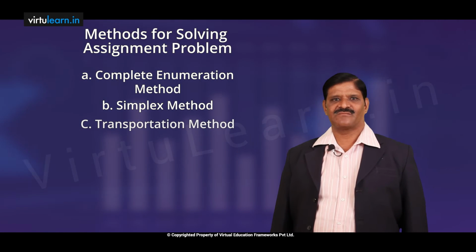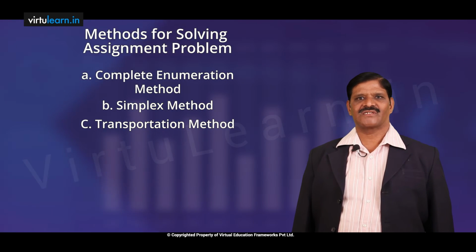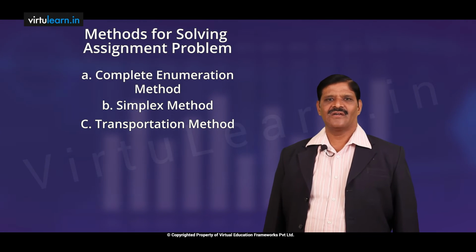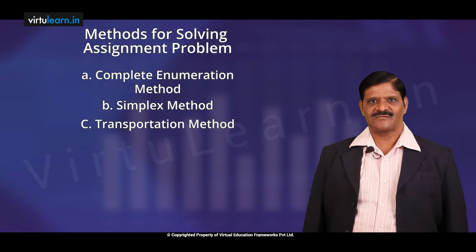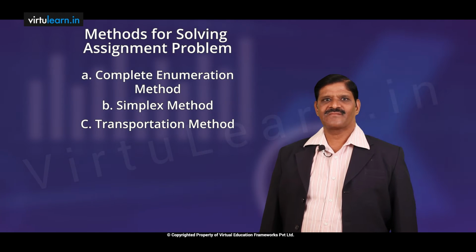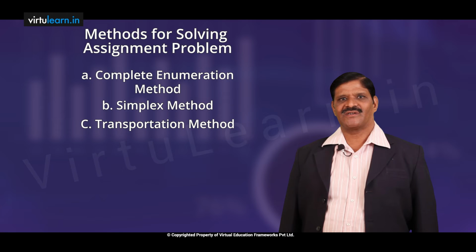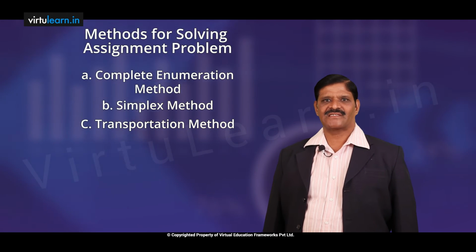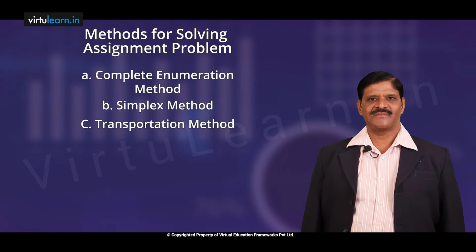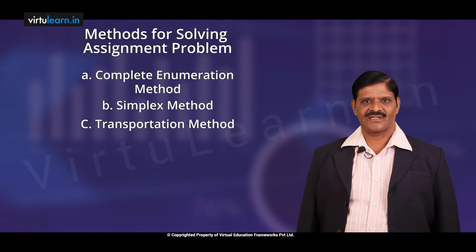In the transportation method, in a similar way we can find the solution for the assignment problem also, but however in the transportation method there is a restriction, or a constraint, that the number of assignments should be equal to n plus m minus 1. That means number of rows plus number of columns minus 1 put together.